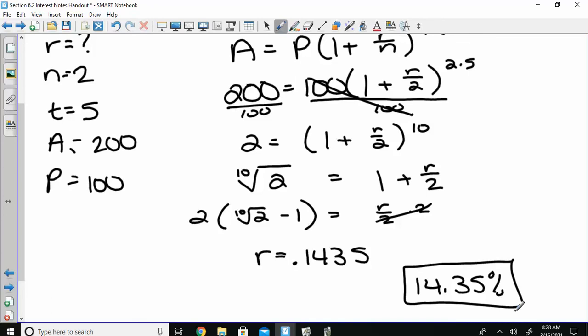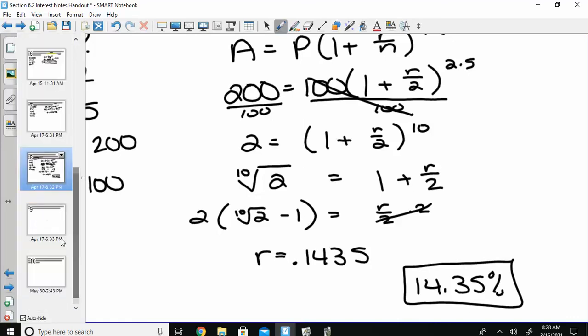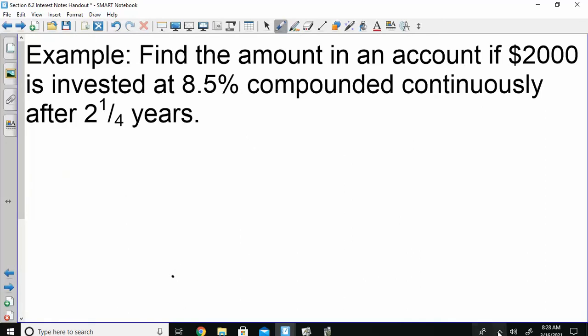I want you guys to try the very last example on your handout. This is what we have today, so that is our P. I want the ending amount, so I'm looking for my A. Your rate, you always take it out of the decimal form, so move it back 2, so 0.085.